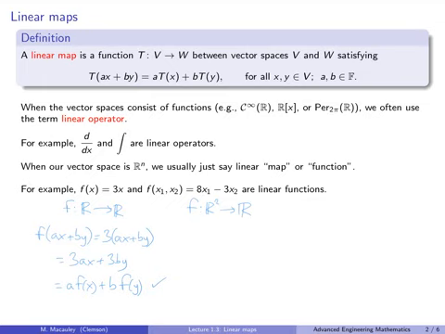So in particular, the input is a vector (x1, x2), and then the output, f of this vector, equals 8x1 - 3x2. It turns out that you can express this function as multiplying matrices.